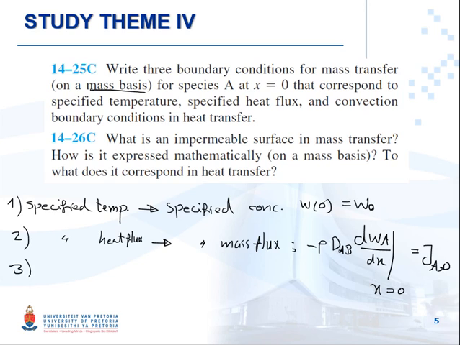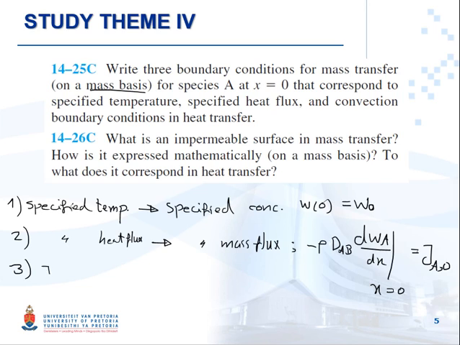And the third one is the convection boundary condition in heat transfer. Okay, what is the convection boundary condition? The boundary condition corresponding to heat convection will be mass convection.